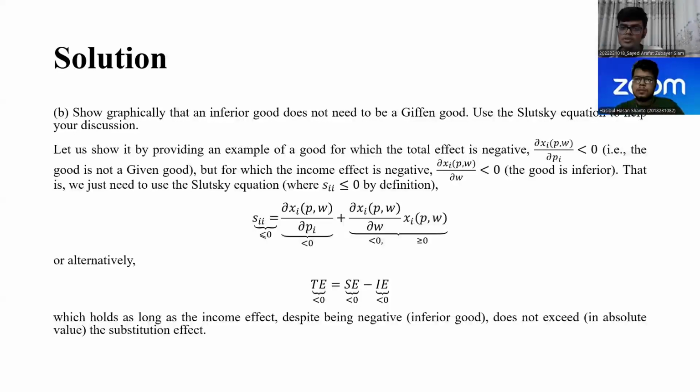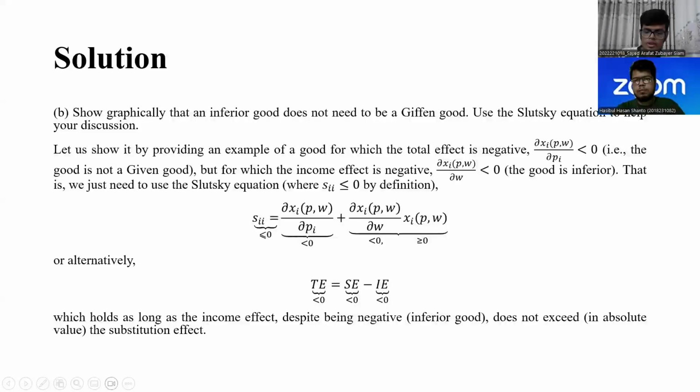But when our income increases, we move to better foods, better clothes. So that is an inferior good, as there are some substitutes. From the Slutsky equation, we can see that the income effect is negative, and as we know, the substitution effect will always be negative, and here the total effect is also negative.